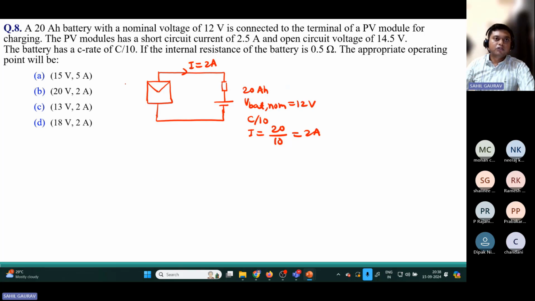Now for the PV module, the short circuit current is given as 2.5 ampere and open circuit voltage is 14.5 volt. The internal resistance is given as 0.5 ohm. The appropriate operating point will be... let us take this voltage as VT. Just apply KVL here: VT minus 0.5 I minus 12 equal to 0.